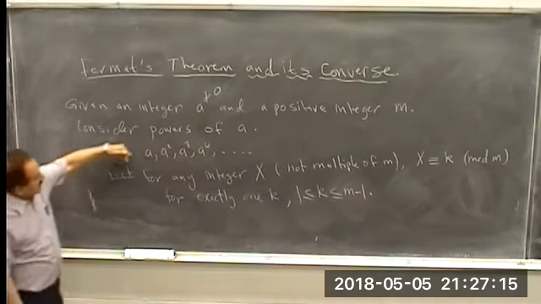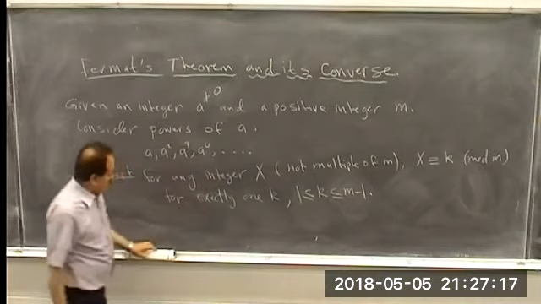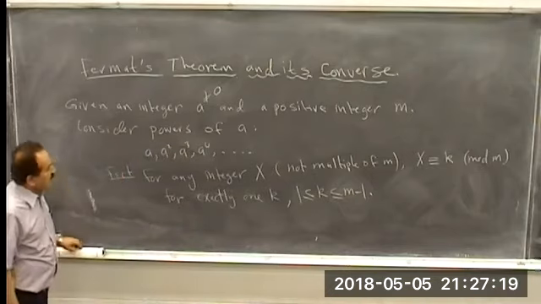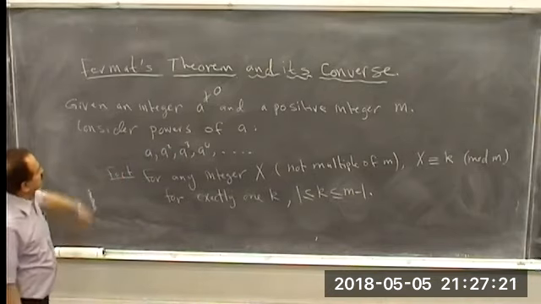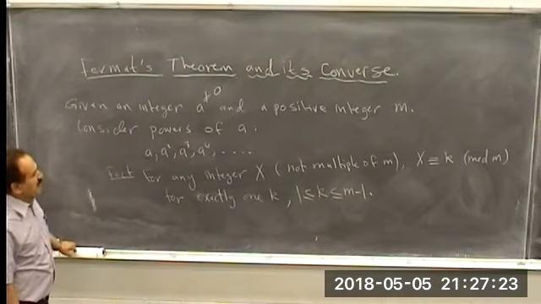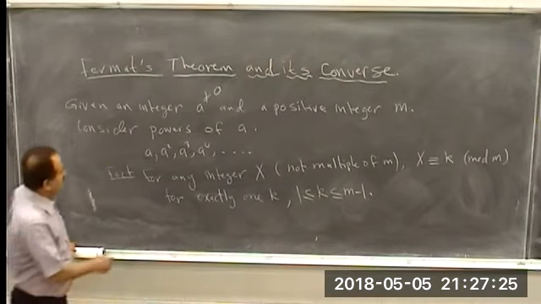Now, since we are taking all these powers of A, none of them is a multiple of m, unless A happens to be a multiple of m.